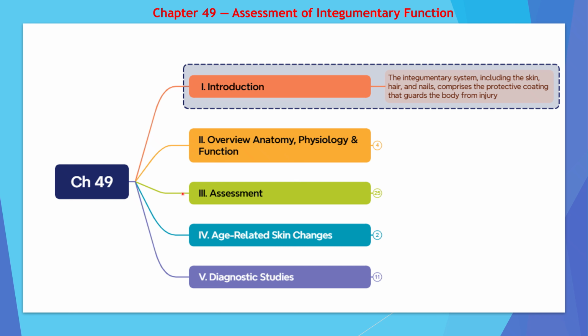Tools like the Braden scale, which they talk about here and here and also here, help identify pressure injury risk. And don't forget to assess hair and nails for conditions like alopecia or fungal changes.